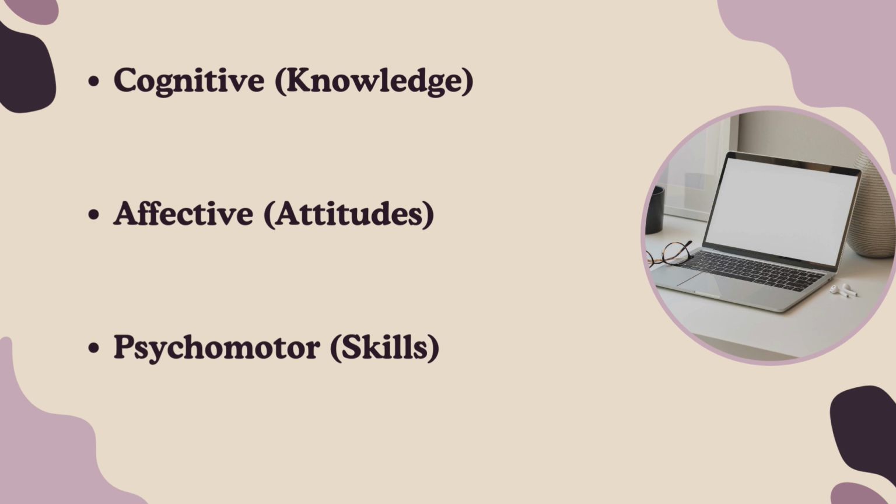And lastly, psychomotor. The psychomotor domain deals with physical skills and the ability to perform tasks. While Bloom's original taxonomy didn't explicitly address this domain, later stages developed it, focusing on motor skill acquisition.